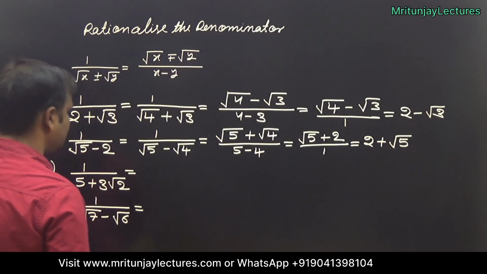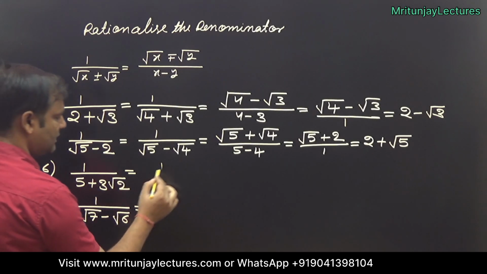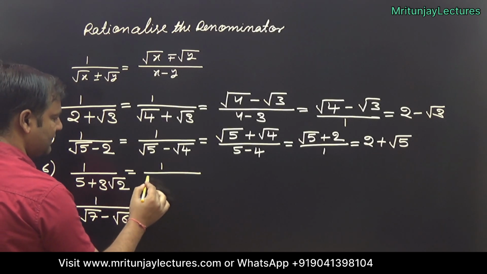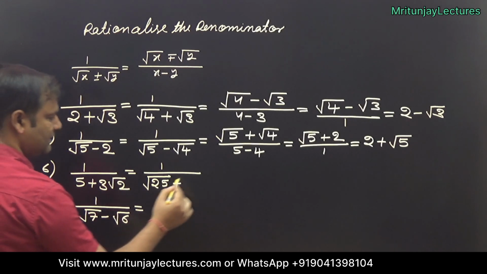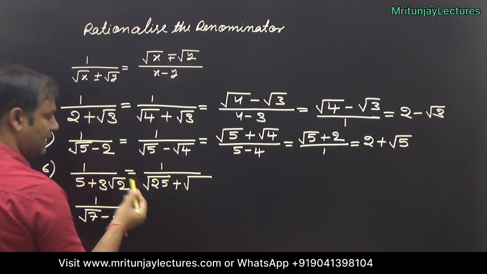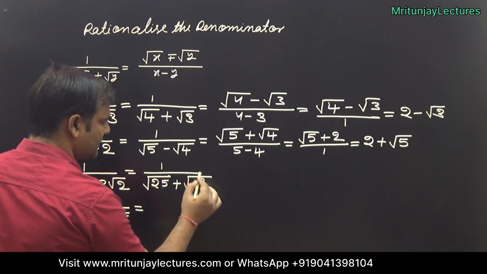After that, if you want, 5 is also written as root 25, and that one is 3 root 2.